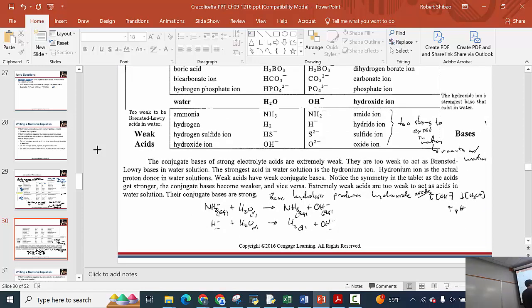There's a seesaw relationship in water solutions where hydroxide goes up, hydronium goes down. Hydronium goes up, hydroxide goes down. So there's a balance between hydroxide and hydronium in water. We call one the base, the hydroxide, and the other the acid, the hydronium. So this is the base. This is the acid.